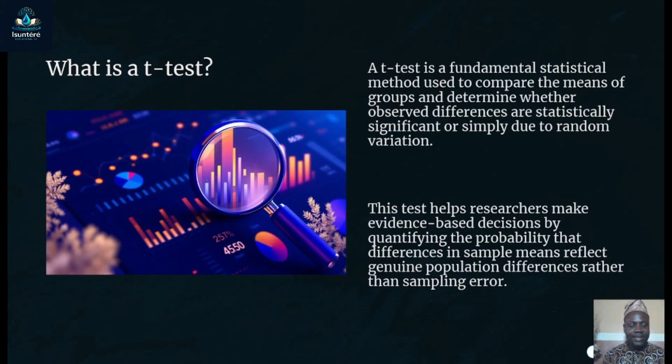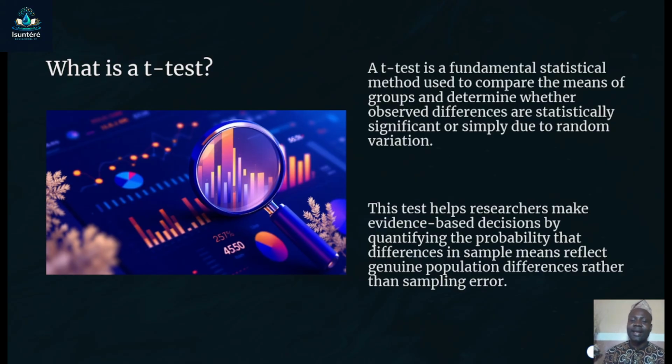But when you have a scale, the scale will tell you that this is greater than this by so many grams or kilograms. But in the instance of two groups, their means may be different, and it is the t-test that will give us the information whether the difference observed is statistically significant or it is not.